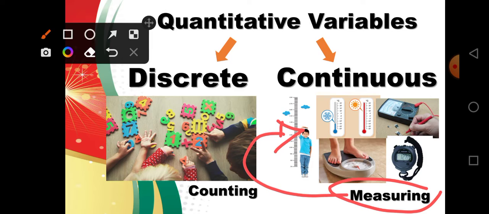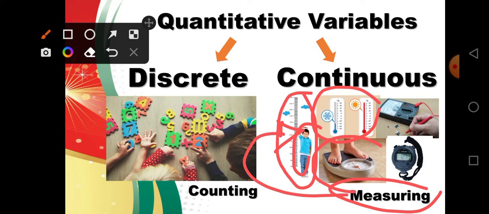So for instance, in order for you to measure your height, you will need a ruler or a meter stick. In order for you to measure temperature, you will need a thermometer. In order for you to measure your mass or your weight, you will need a weighing scale. In order for you to measure time, you will need a stopwatch. And in order for you to measure volt, you can use the voltmeter.